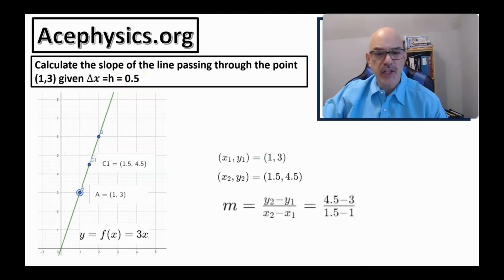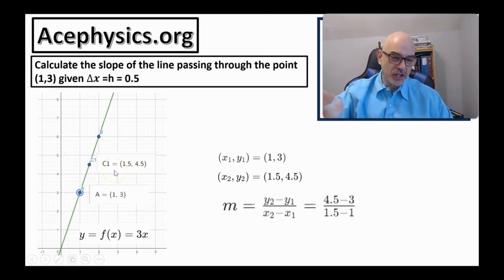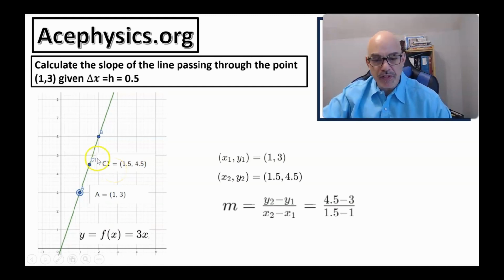Next, let's calculate the slope of the line passing through the point (1, 3), but now delta x, or h, is going to be 0.5, not 1 like it was in the previous part. So here, this is point A. Here is point B from the previous part of the problem, but now we're moving closer, and we're going to calculate the slope with the point C1. It should just be the point C, but I wrote it C1. So x1, y1 is (1, 3). We have that already.